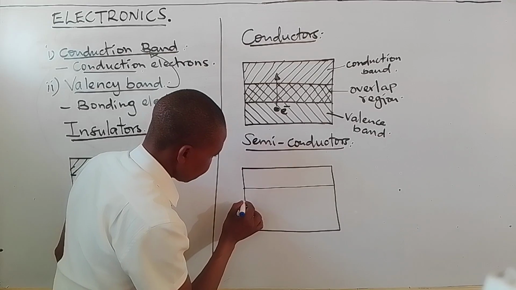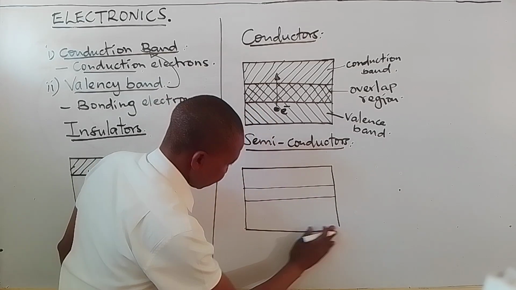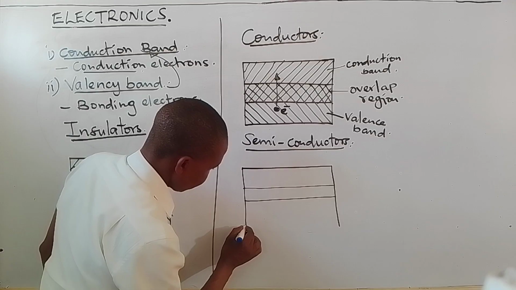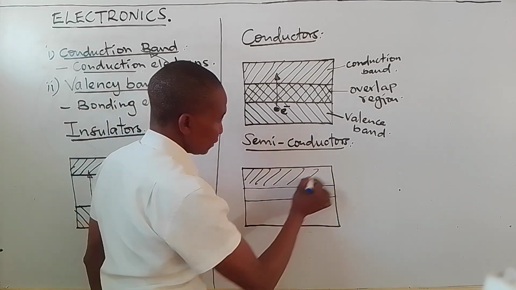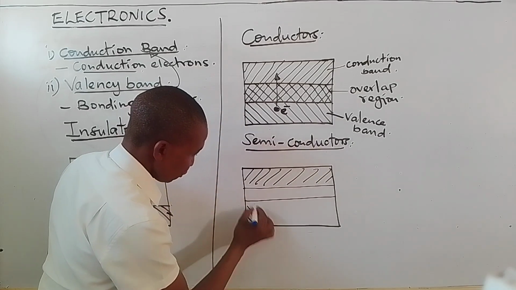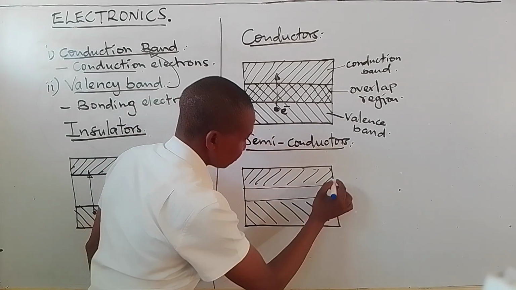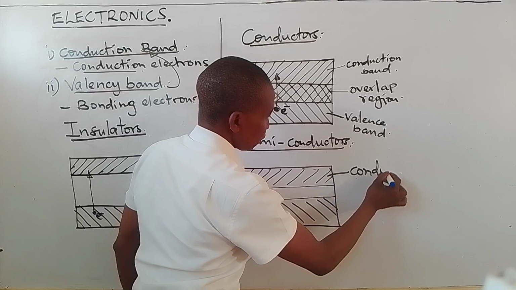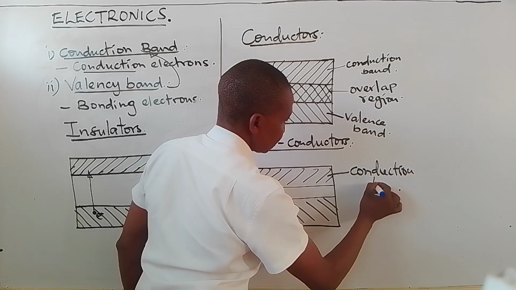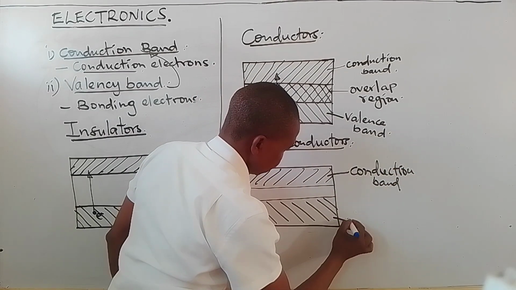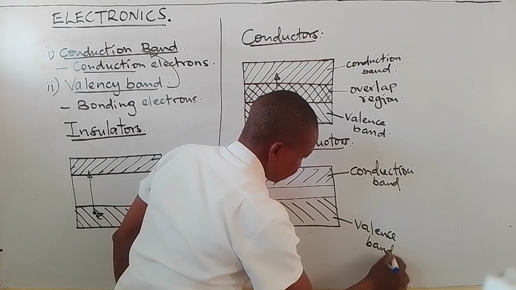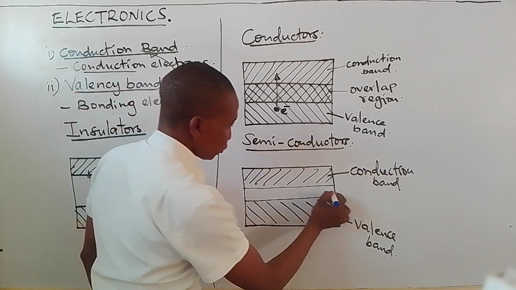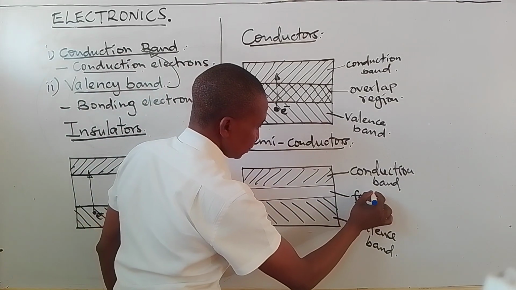The size of the energy gap for semiconductors is smaller. So if this is the conduction band, and this is the valence band, then this is the forbidden gap.